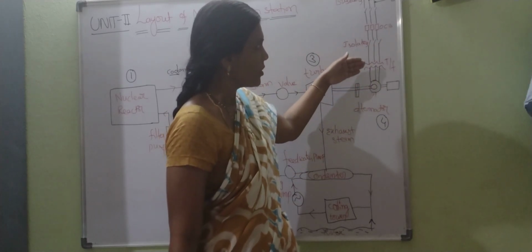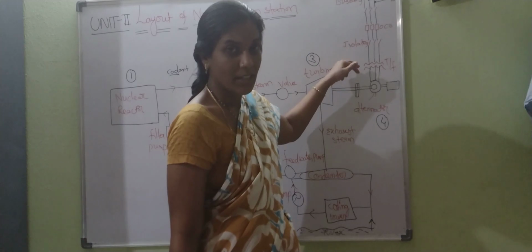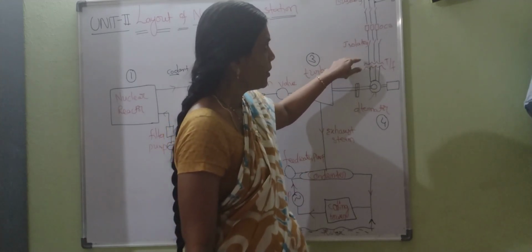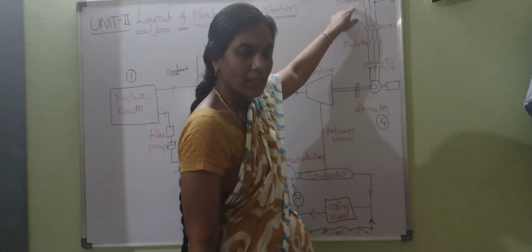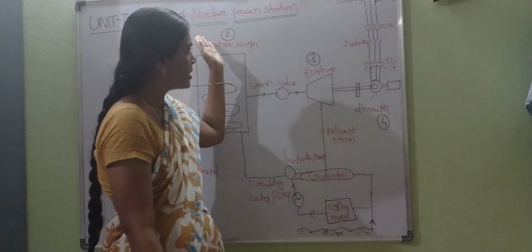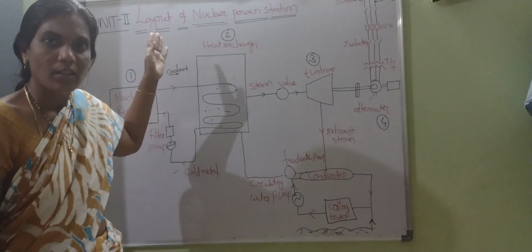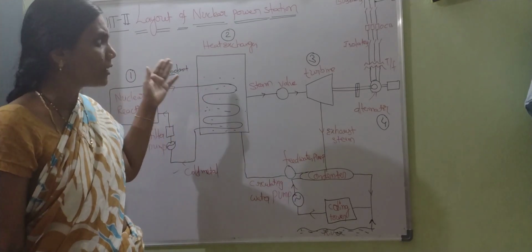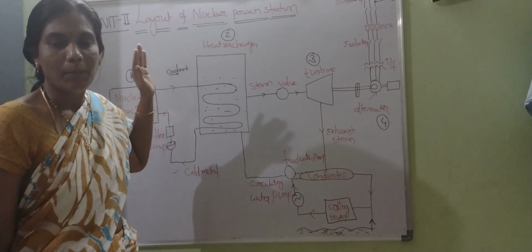Then we will transfer the energy by means of transformers. Here we are using step-up transformers, then to the bus bars, from the generating station. This is one of the generating stations: nuclear power station, thermal power station, and diesel power station. So these are all conventional power plants.